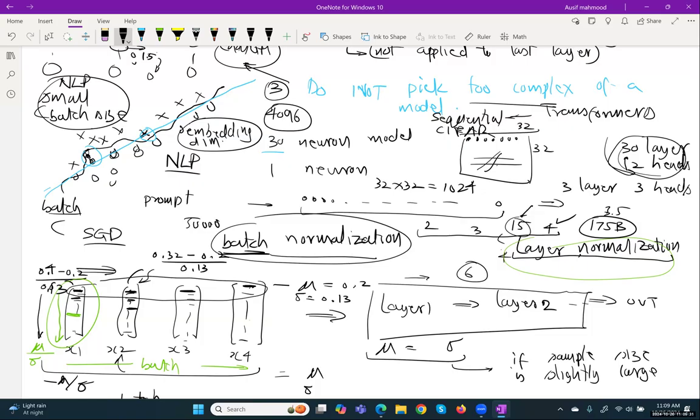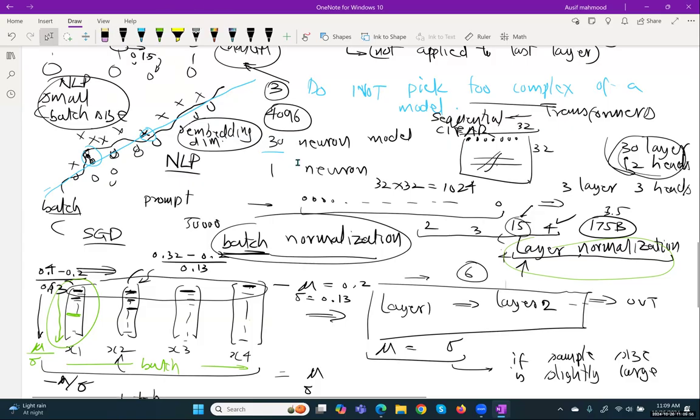So it makes sense to do the average and the standard deviation across the embedding dimension. That's why it's called layer norm, where we do it across the embedding dimension, but for images and so on, we use batch normalization to get better stability in training, okay?